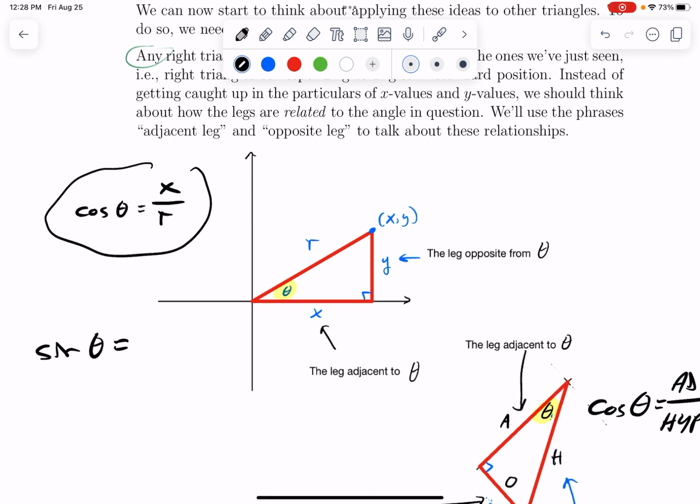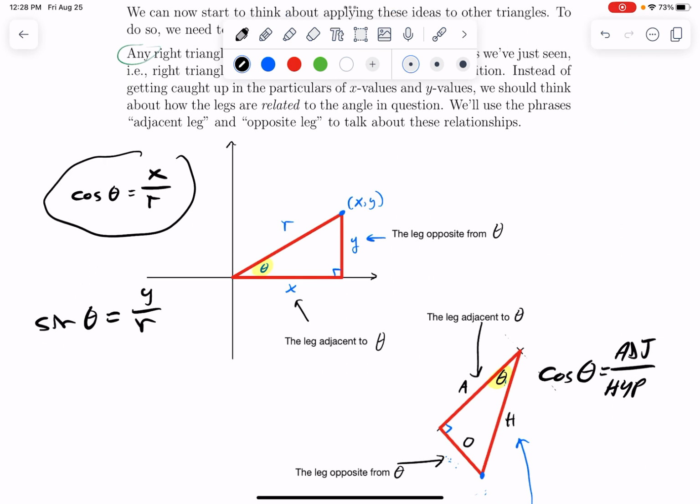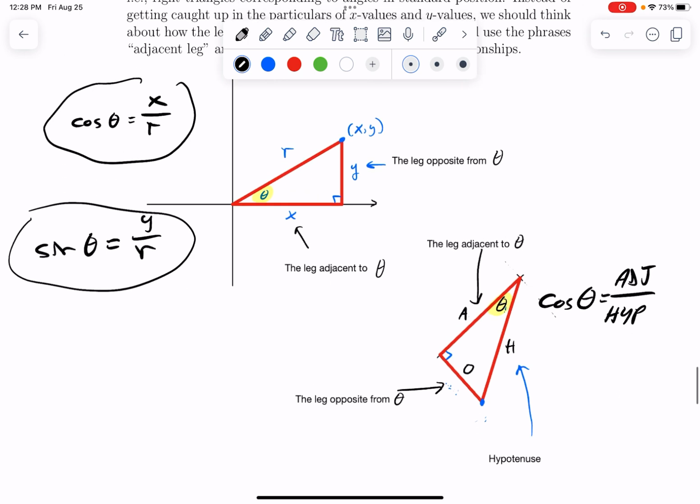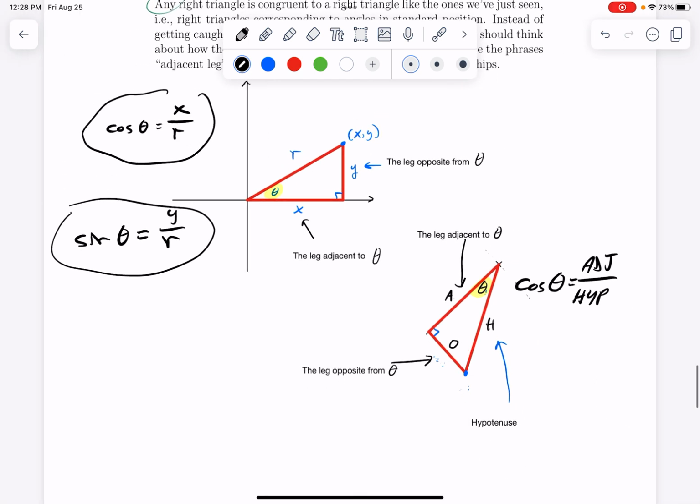How about sine? Sine of theta in the original picture would be the y coordinate divided by r. That's perfectly fine, but once we move it around, we can't really talk about y coordinates. So we want to explore the same relationship. Well, what was y really measuring here? I called it y, but what y really is, is the leg opposite from theta.